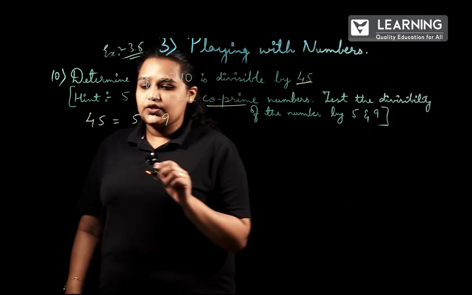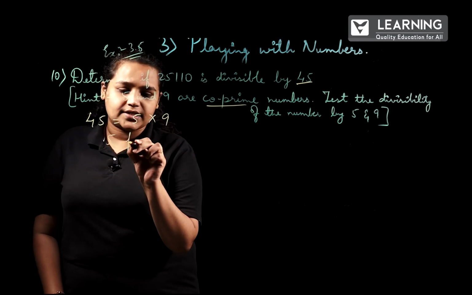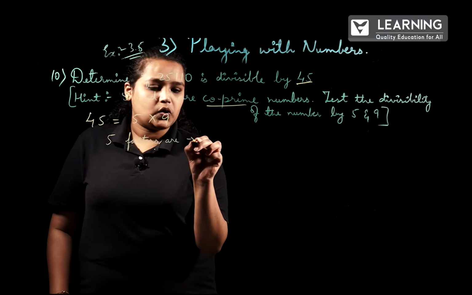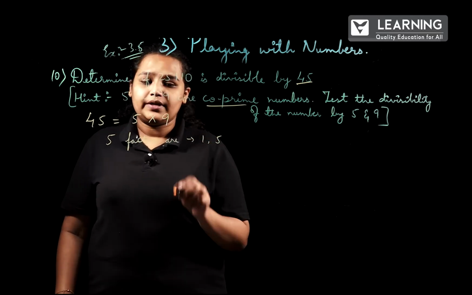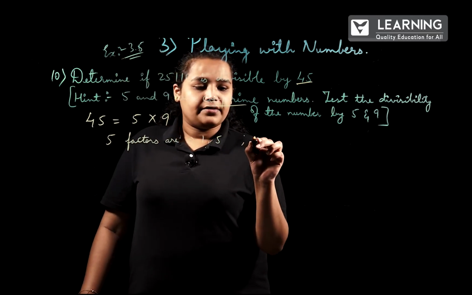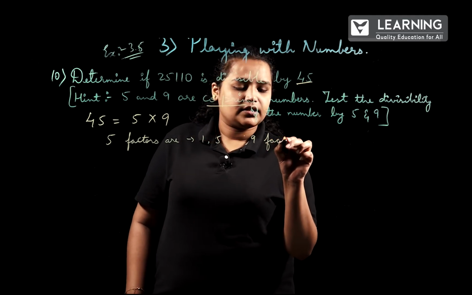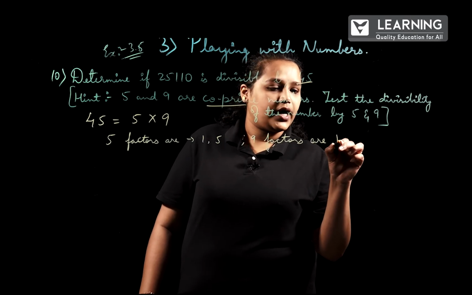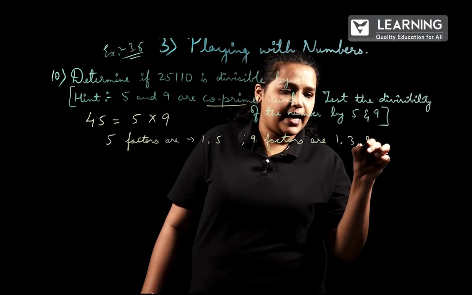Correct, no? So, 5 factors are 1, 5. Likewise, 9 factors are 1, 3, 9.